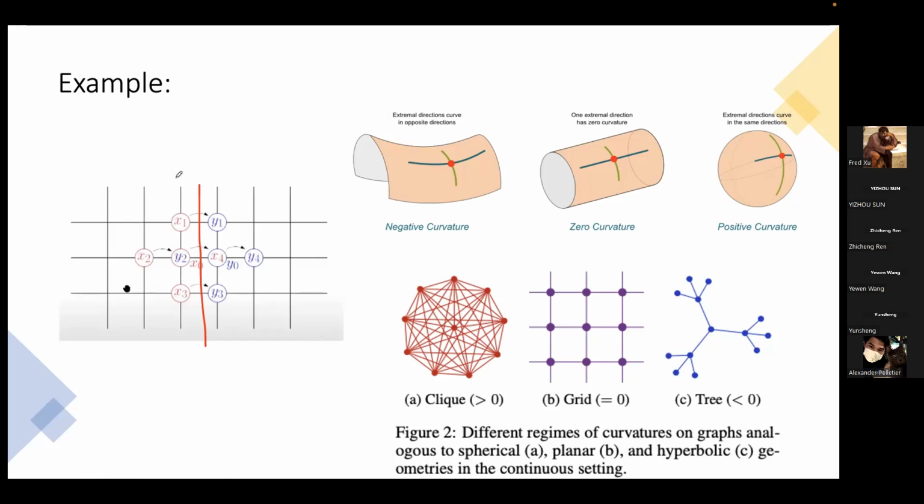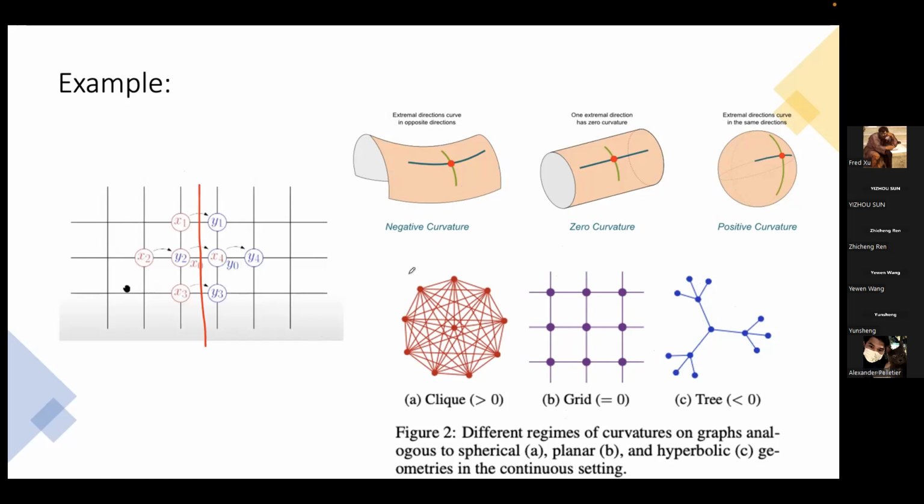So basically, they make this analogy of manifold to graph. If you have a flat space, you would have a grid. If you have a hyperbolic space, you would have a tree, which has a negative curvature.